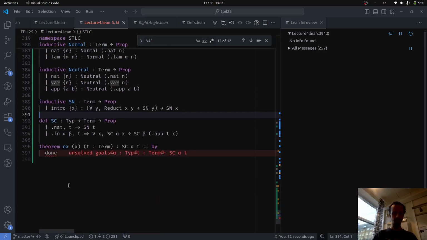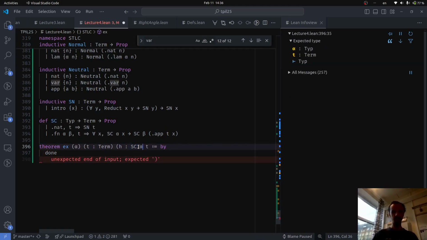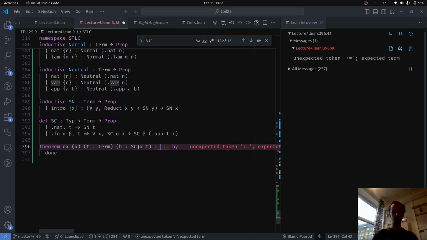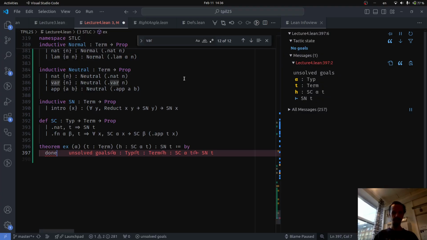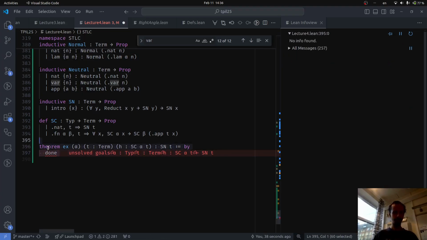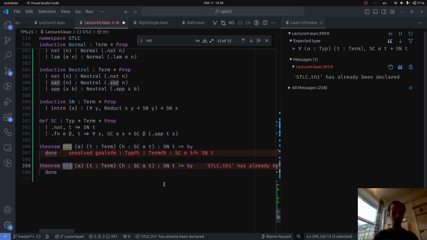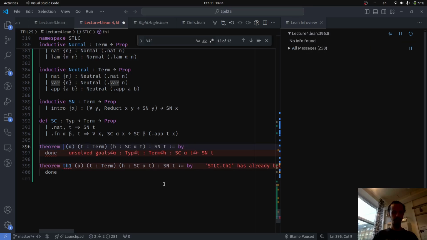So we have three theorems that one proves. The first one is: if it's strongly computable, then it's strongly normalizing. And I can give this a better name.